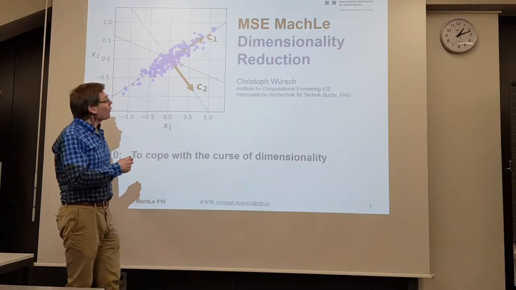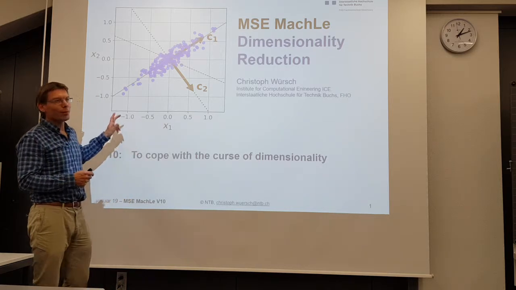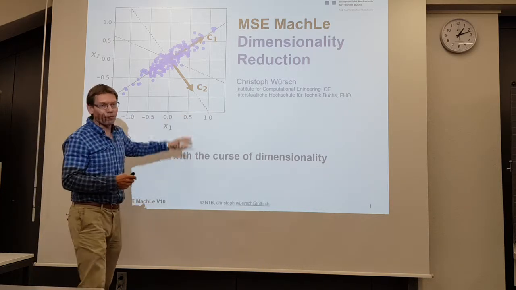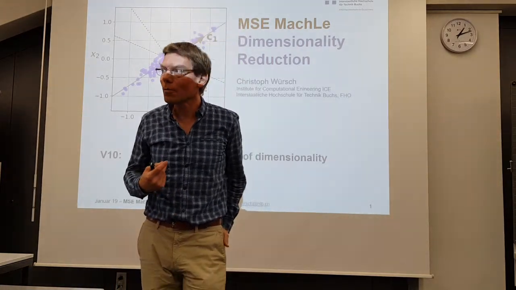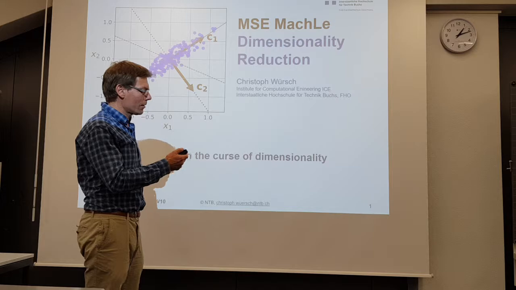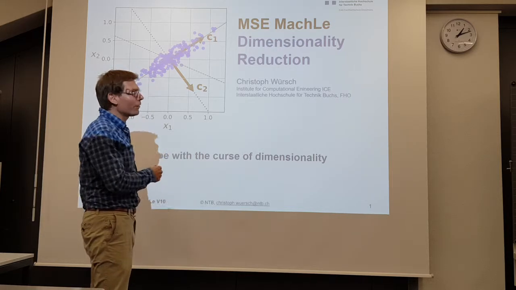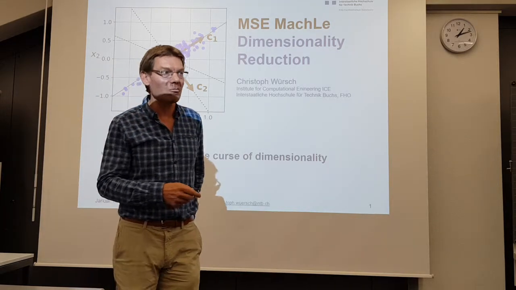The picture here already shows the main idea of the principal component analysis. If we have a bunch of data here, we could assume that it is drawn from a multivariate Gaussian distribution.